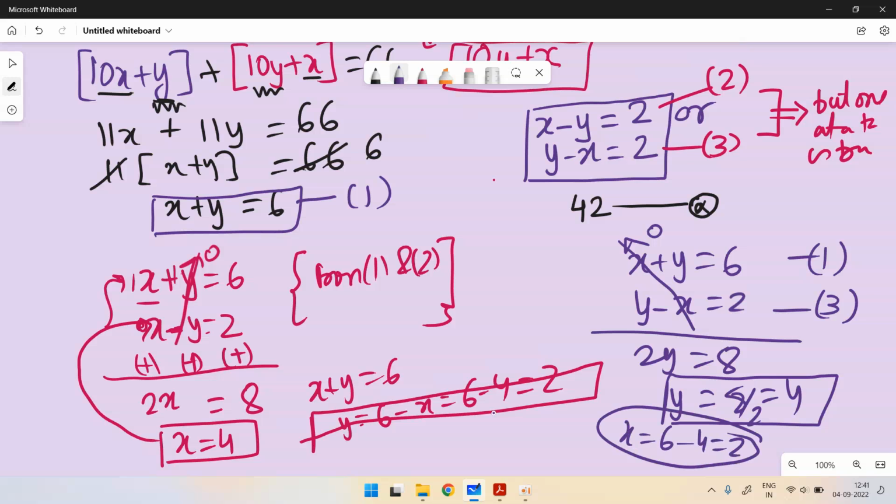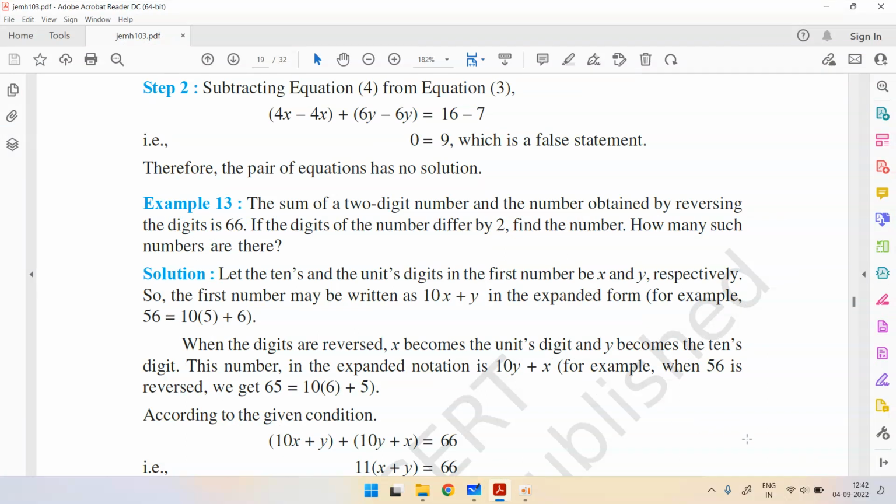So here the number will be 24. So your second solution is 24, this is beta. So there are two possible solutions, that is 42 and 24. 42 and 24 are the solutions for the equation.